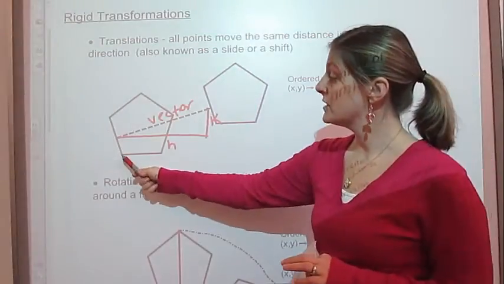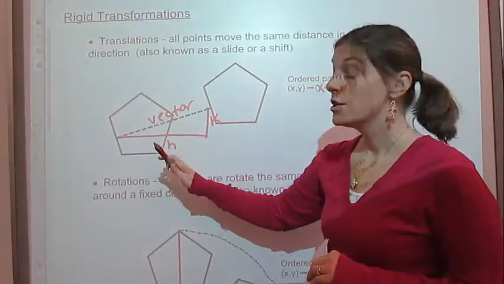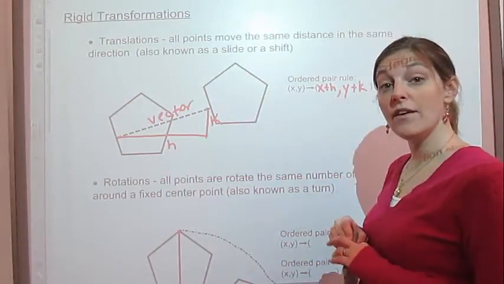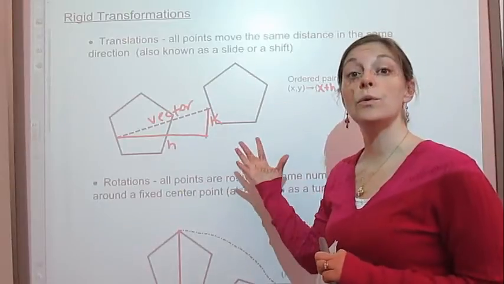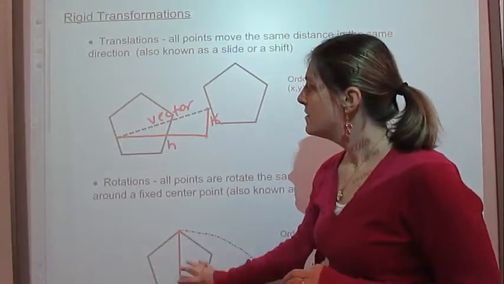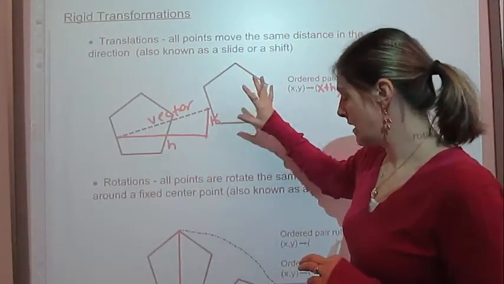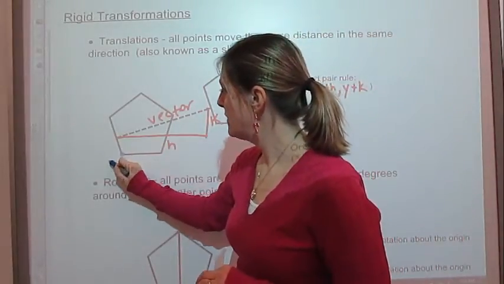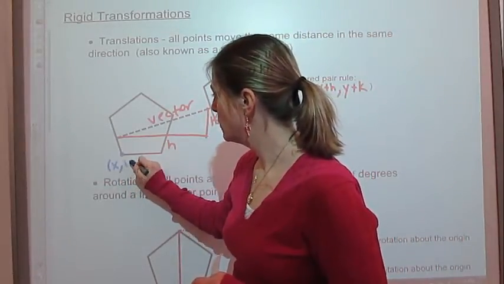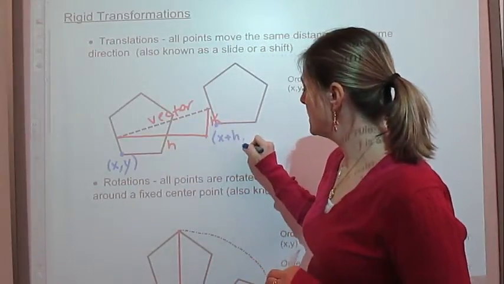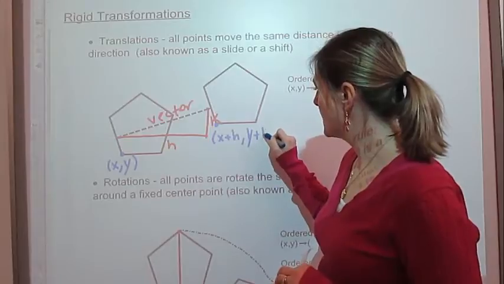So each of these points, if you know all of the ordered pairs, you're just going to add h to the x value and k to the y value to know where the new point is going to be. So we say that this gets mapped onto this. All right, so if we have this point here, and this was x, y, then this new point right here is x plus h, y plus k.